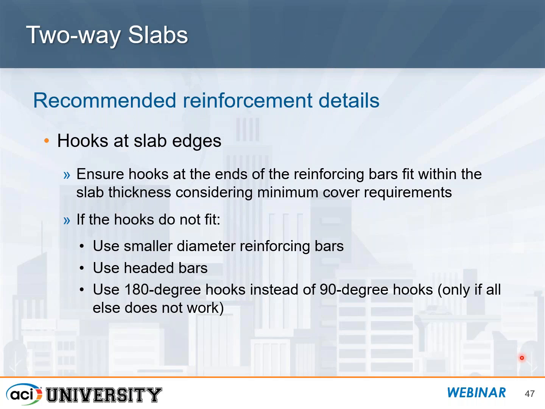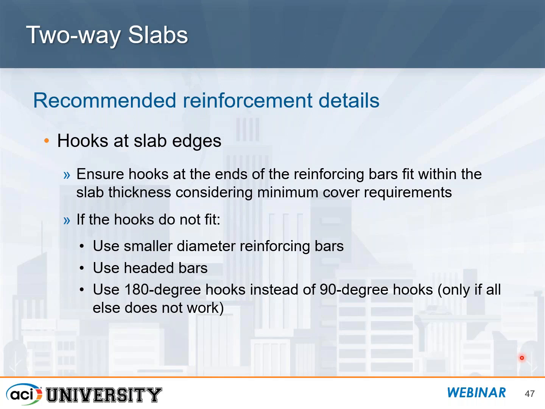You can try a smaller diameter reinforcing bar. That'll obviously give you a smaller hook. You could use a headed bar, which, as we know, has a shorter development length than a hooked bar, and it can fit much more easily within especially a relatively thin slab. Or as a very, very last resort, if nothing else works, use a 180-degree hook instead of a 90-degree hook.